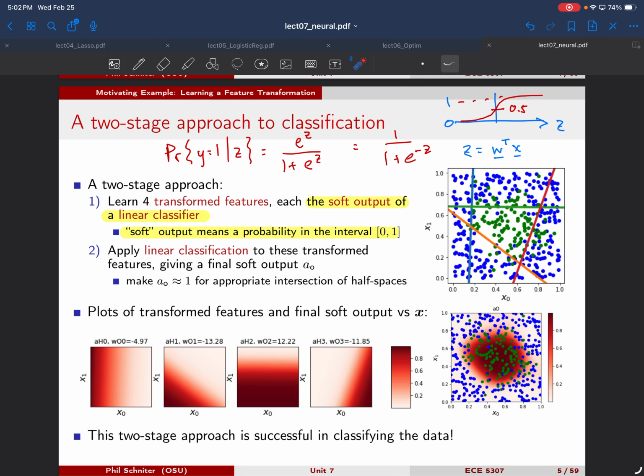And so now when we look at these heat maps, we can see what actually was learned. So this is the soft output from the first classifier, which ends up being this one. And it turns out that according to the heat map, the ones are on this side and the zeros are on this side. Okay, and then for this second classifier, which ends up being this one, the ones are here, the zeros are there.